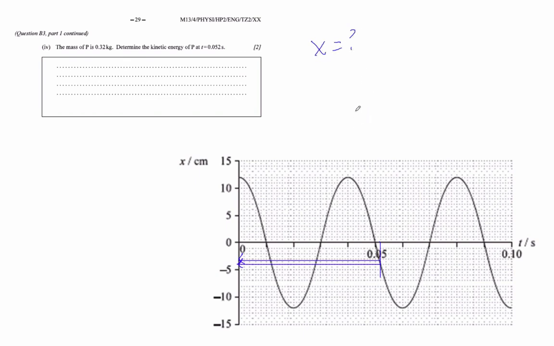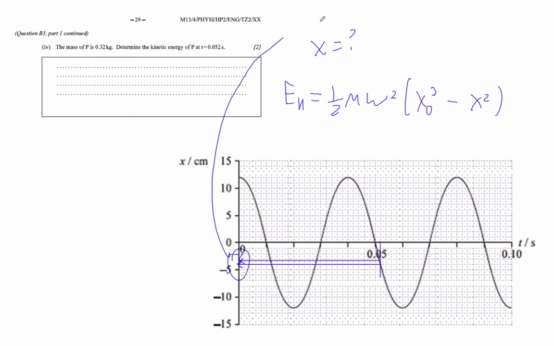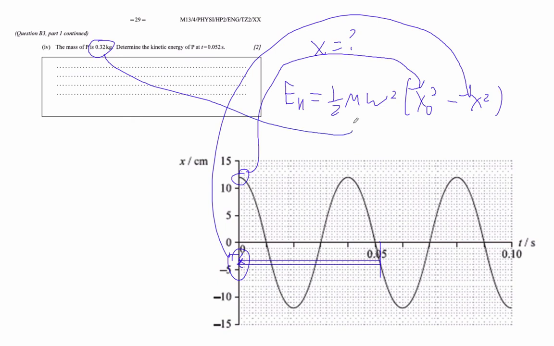Determine the kinetic energy. Well, you can use the kinetic energy formula, the fancy one, 1/2 m omega squared times x naught squared minus x squared. So whatever you think this is, you're going to plug that x in for this. The mass is 0.32, so plug that in there. And then omega is going to be 2 pi over T, so figure out what this period is.